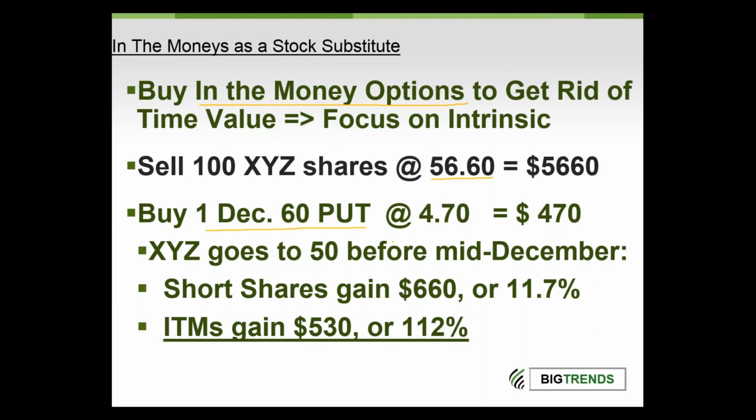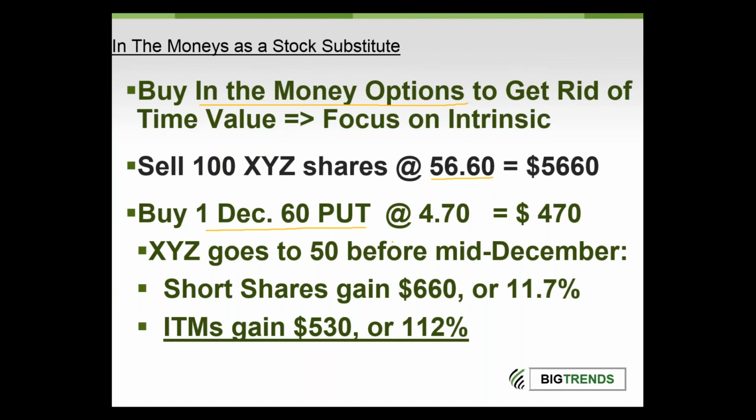How much is that 60 strike put worth right now intrinsically? A put gives you a right to sell the stock at that fixed price, the strike price of $60. It's trading down there at 56.6, so that means that right away this option is intrinsically worth what? 60 minus 56.6 is $3.40.